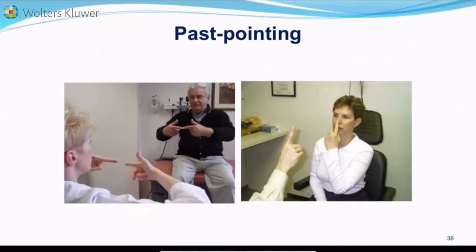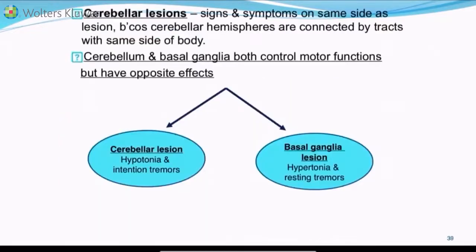He or she should be able to touch the tips of both index fingers. One index finger should touch the tip of the other index finger, all this with the eyes closed. Of course, obviously with the eye open we'll be able to do it. The patient should be able to do it with eyes closed, only then you can detect or assess the integrity of the cerebellar function. So this is known as past pointing.